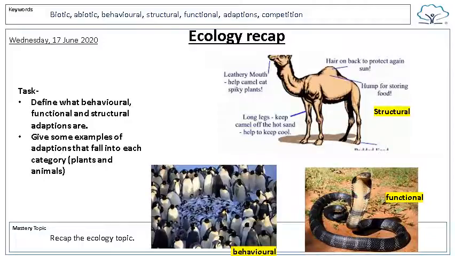So the next thing we're going to talk about is adaptation. So I've got 3 separate categories of adaptations that you need to know about, and I've illustrated them using the pictures on this slide.